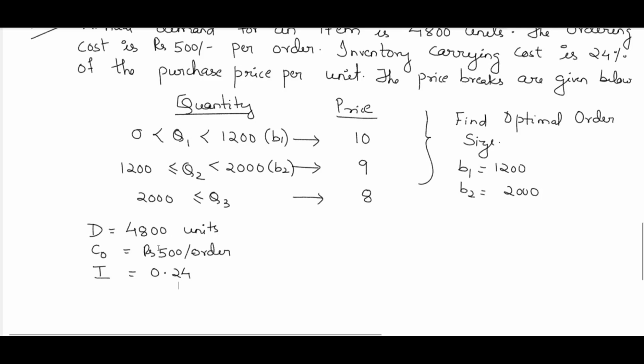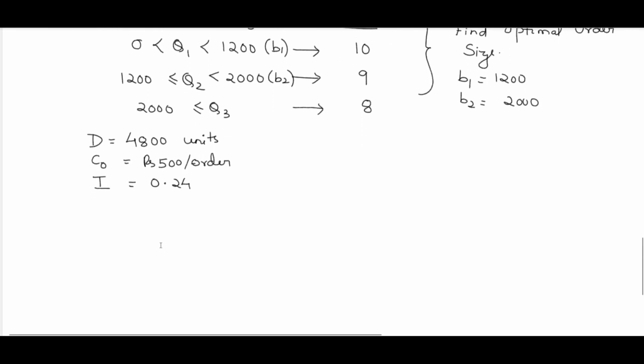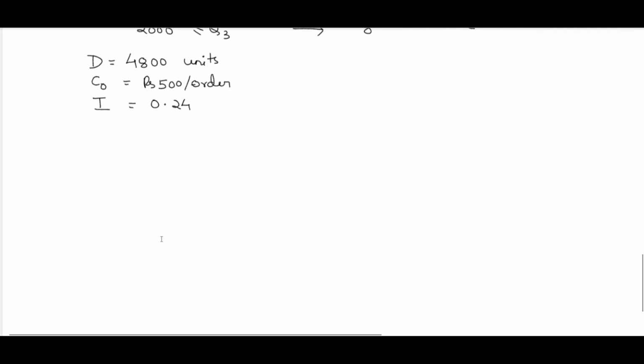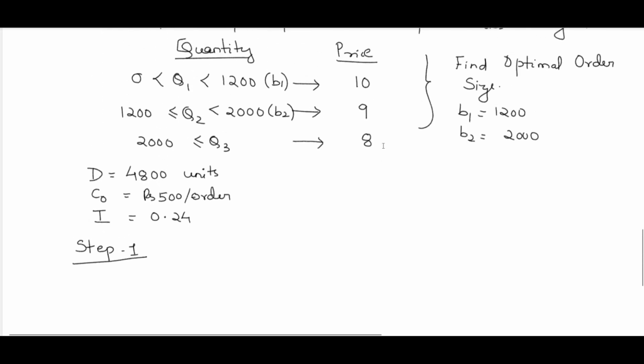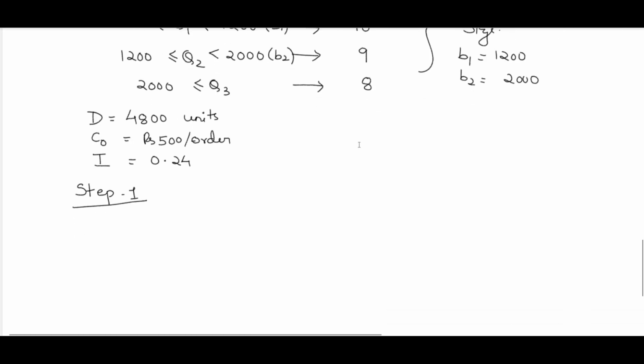Now we will follow step 1. First, we start from the least price, going downward. So the least price break is 8, so P3 is equal to rupees 8.